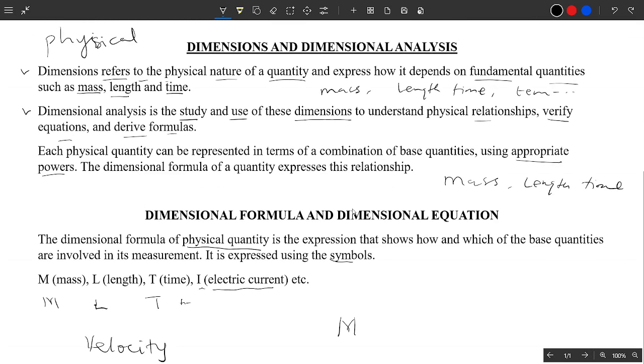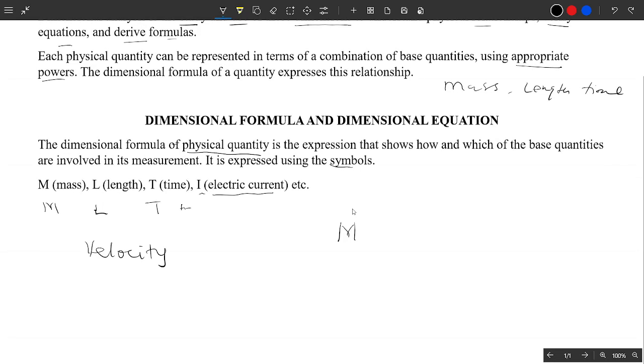Fundamental quantities, and these are the mass. That's one. Two, we have the time. Three, we have the length. So we use these three to determine the dimensions of any physical quantity.